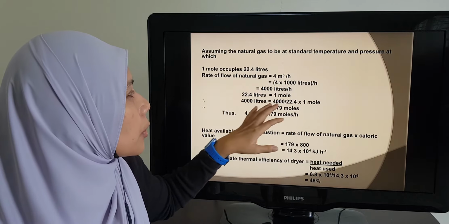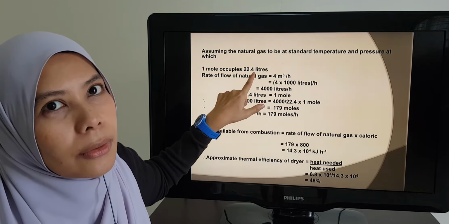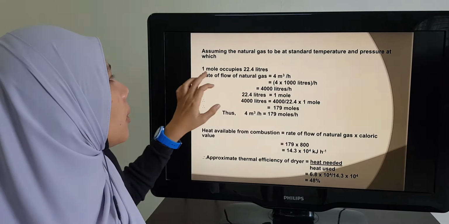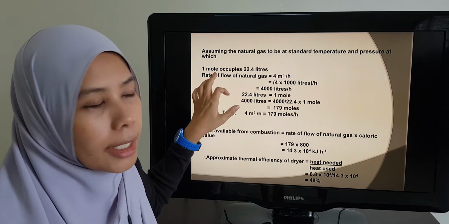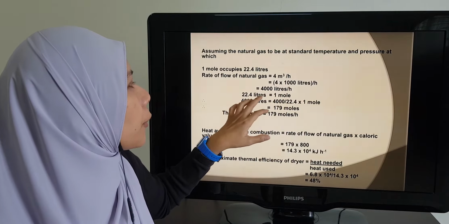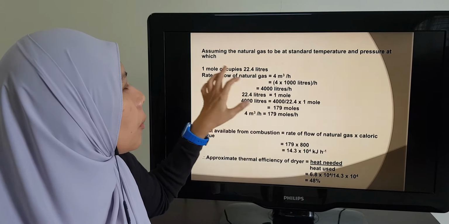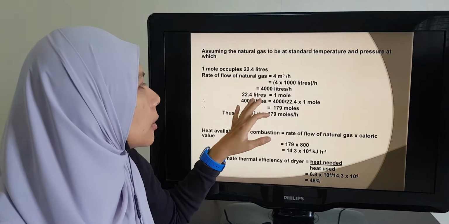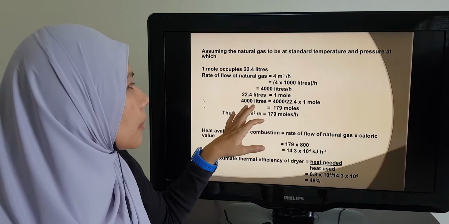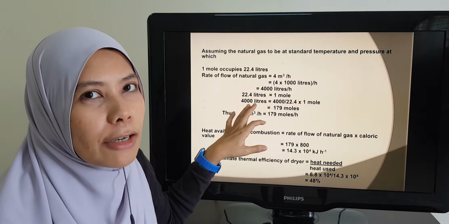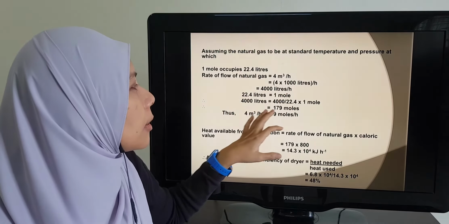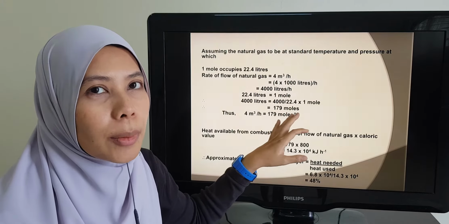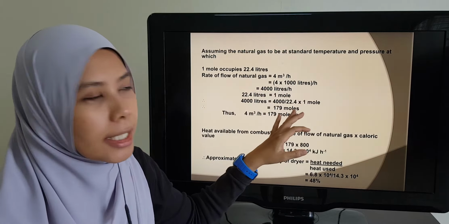Why do we want to use liter? Because 1 mole of gas occupies 22.4 liters. So if I have 4000 liter of gas, what is the amount of moles? It is 179.